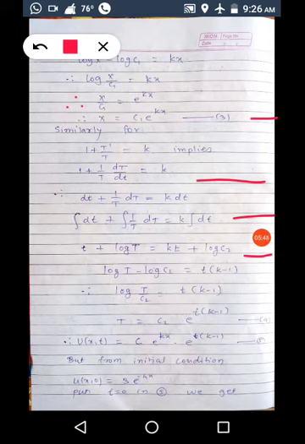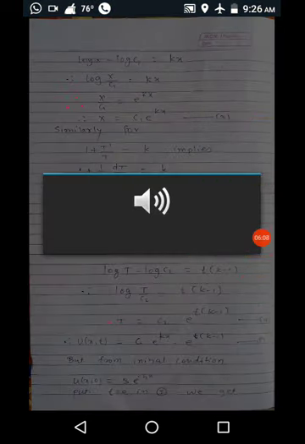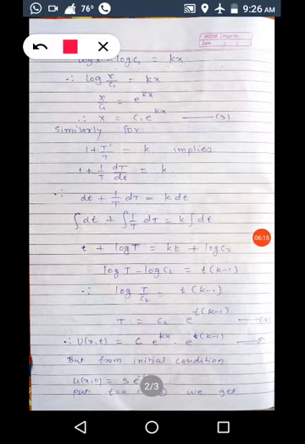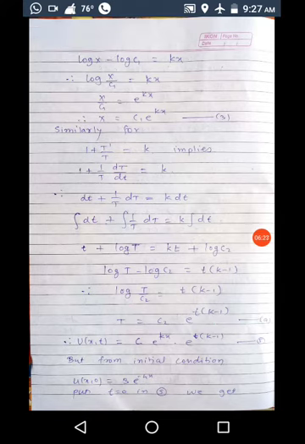We take log c2 to the left-hand side and t to the right-hand side. We have log T minus log c2 equal to t times (k minus 1), because here it is kt and here it is t. So log(T/c2) is equal to t times (k minus 1). Therefore T is equal to c2 e raised to t into (k minus 1). So equation number 4 represents the function of T.